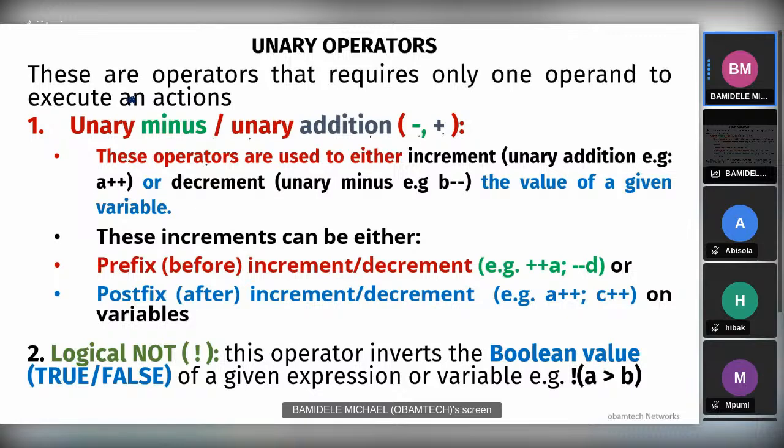These operators are used to either increment, that is unary addition, e.g. a plus plus, or decrement, using unary minus, example b minus minus, the value of a given variable.